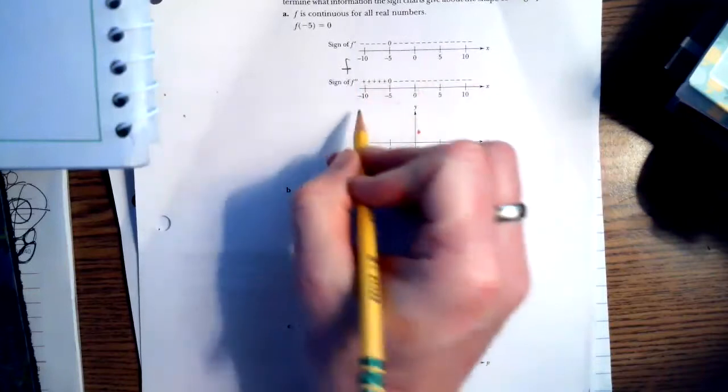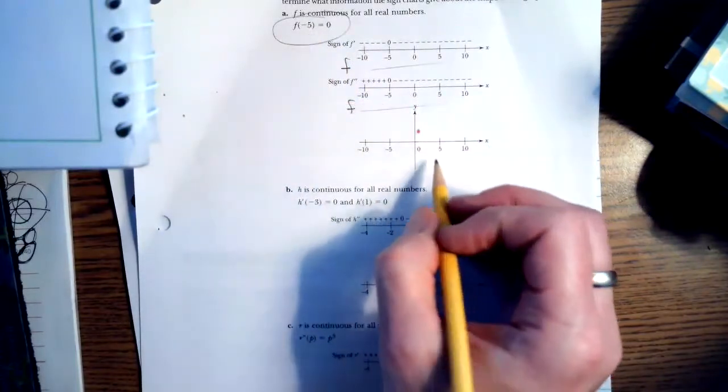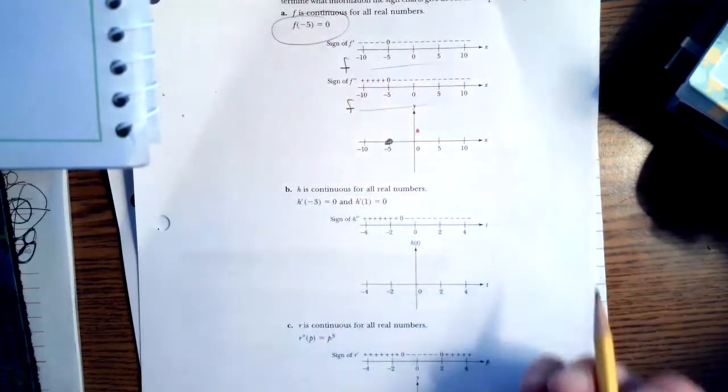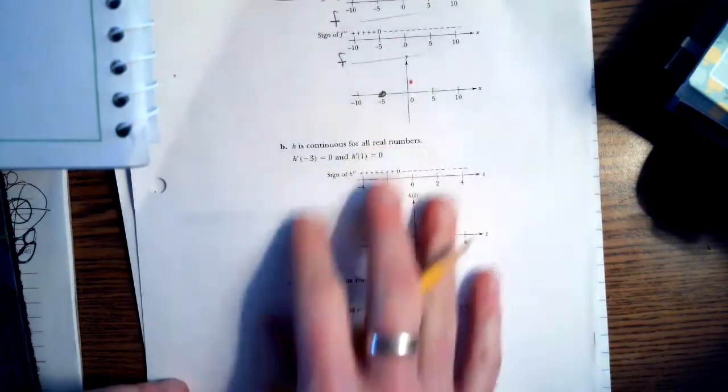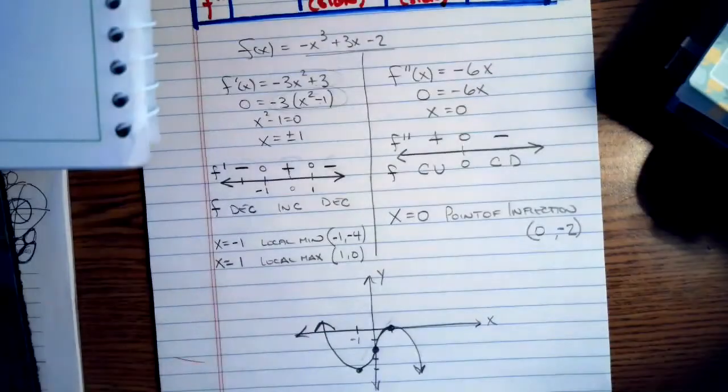So underneath, you want to be filling in information about f, taking any additional information that they give you. In this case, they give you a little point to plot, and then use that to sketch the curve. So again, these don't give you the functions, they're actually giving you the sign charts, and then you go and sketch the curve. All right, so continue with going through those problems as your introduction to this lab.